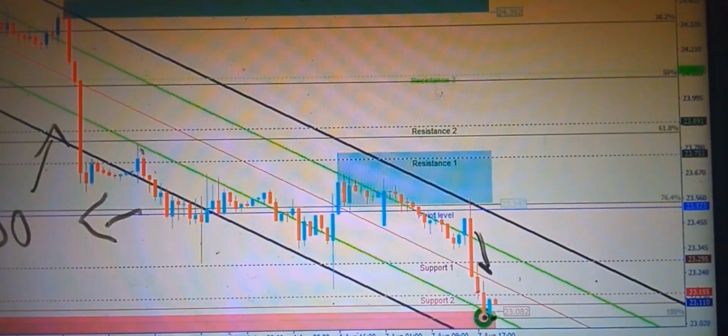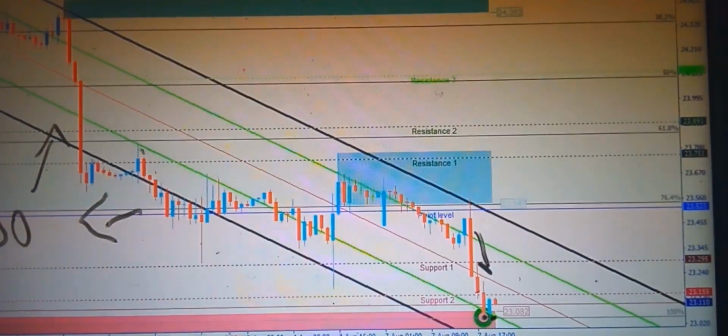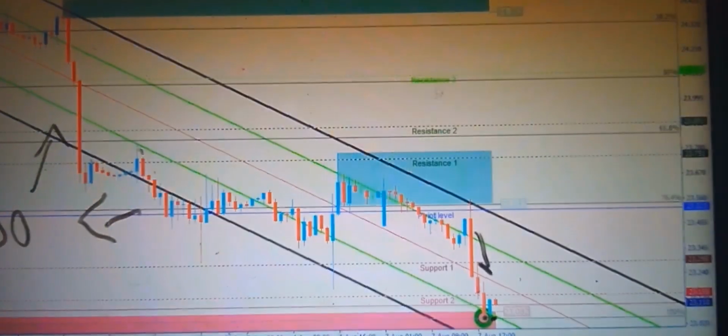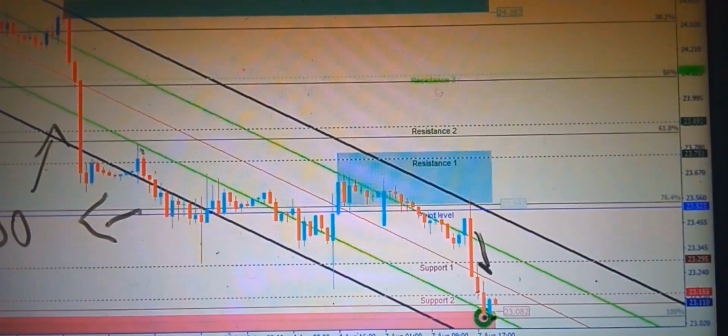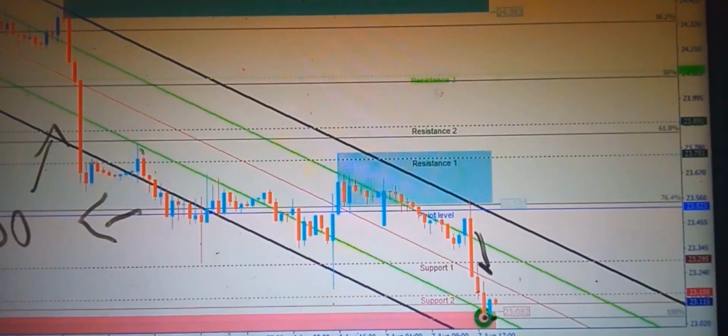No, you must have patience. You must be patient with your entry levels. Make sure that if you want to buy, you buy after a candle of bullish direction, and you sell after a candle of confirmation of a downtrend or of a bearish movement.